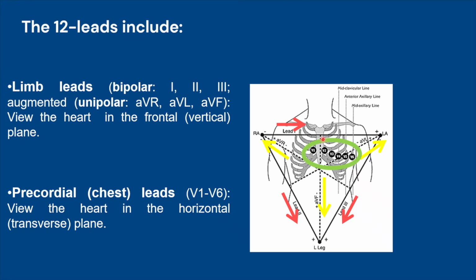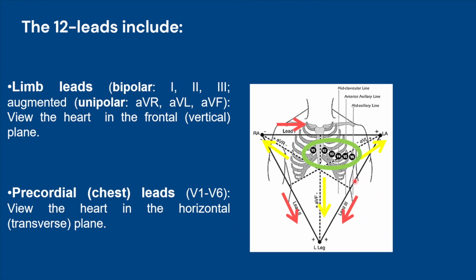So lead 1 records the electrical activity between the right arm and left arm, lead 2 between the right arm and left leg, and lead 3 between left arm and left leg. While AVR is like looking at the heart from the right shoulder, AVL from the left shoulder, and AVF from the left leg.